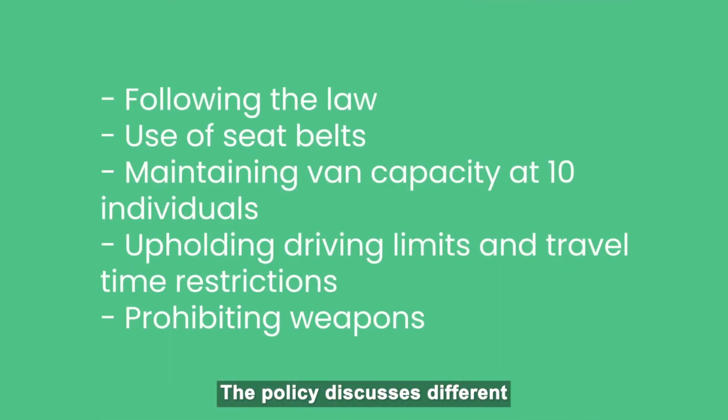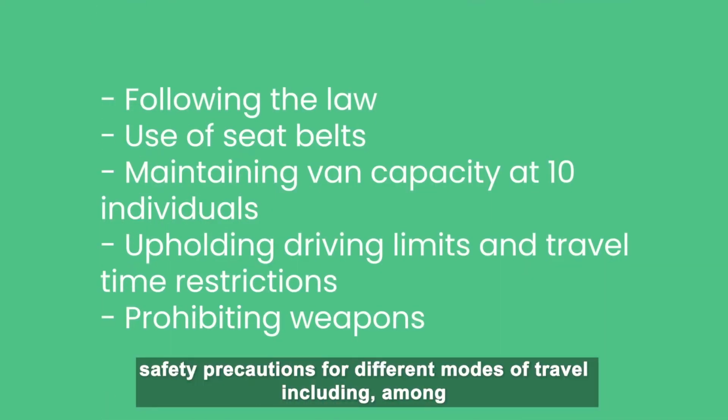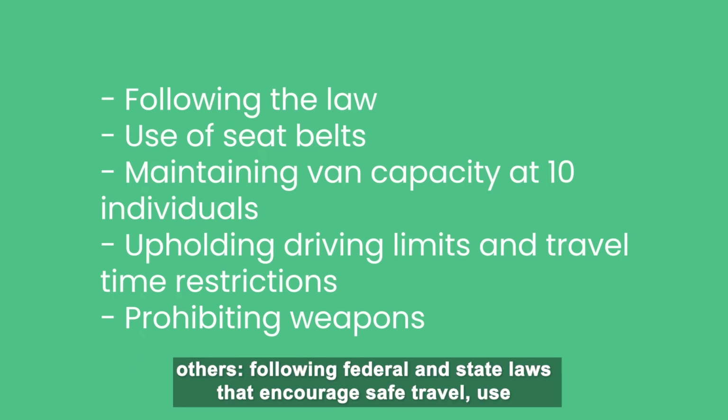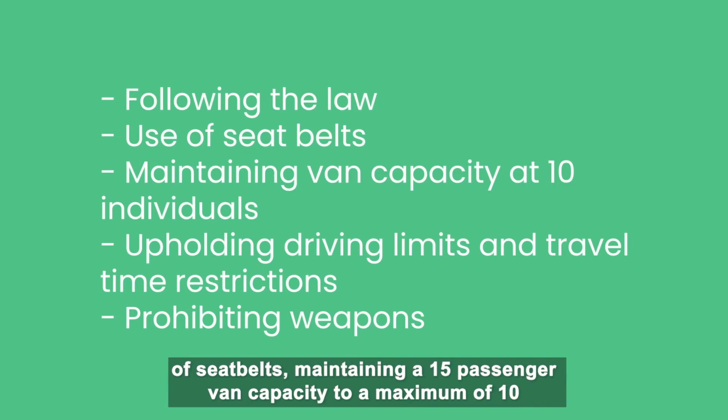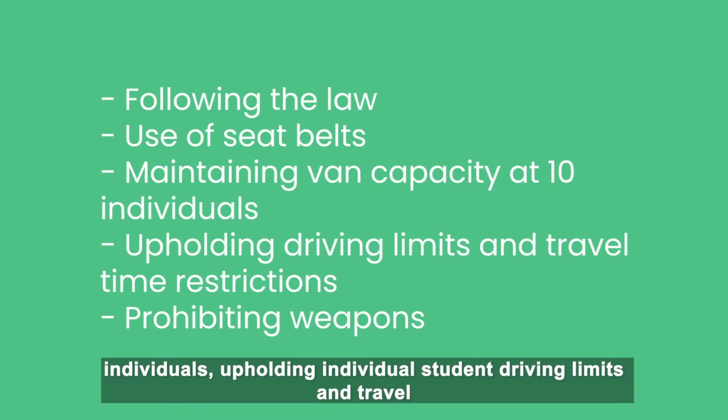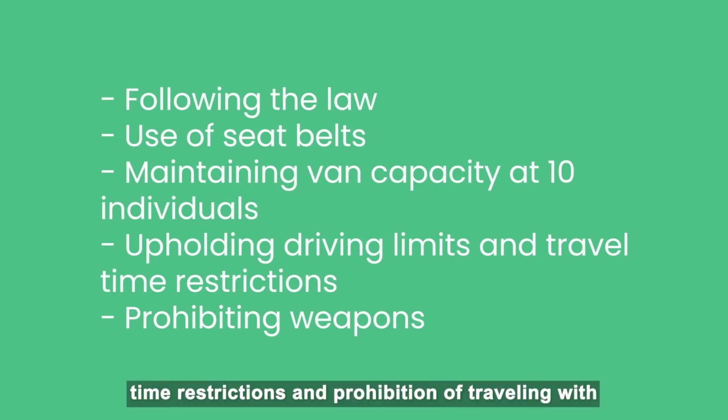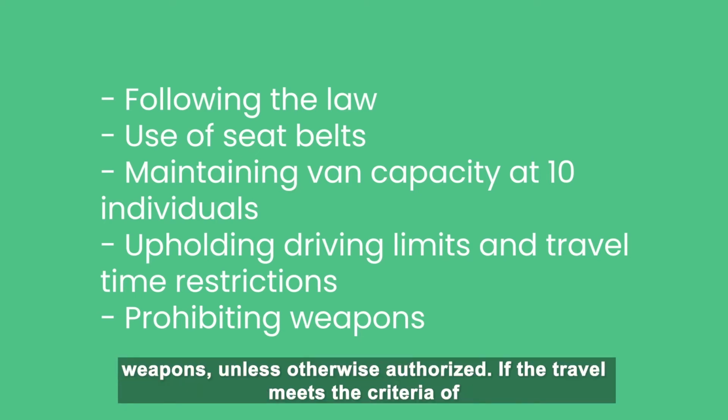The policy discusses different safety precautions for different modes of travel, including, among others, following federal and state laws that encourage safe travel, use of seatbelts, maintaining a 15-passenger van capacity to a maximum of 10 individuals, upholding individual student driving limits and travel time restrictions, and prohibition of travel with weapons unless otherwise authorized.